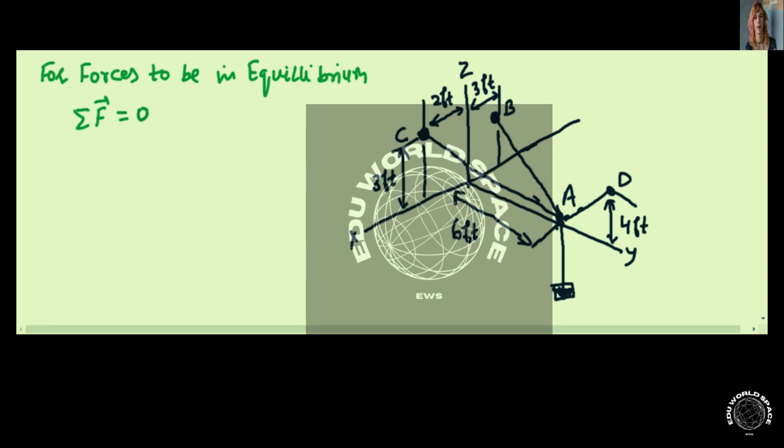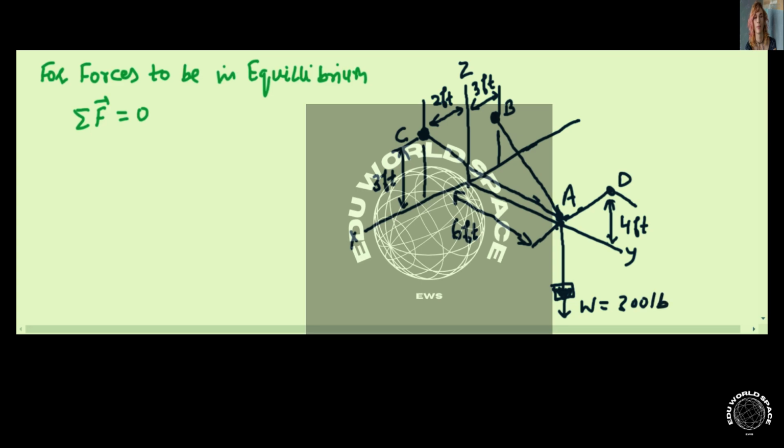Now the question is saying that we have to calculate the tension in each cable in equilibrium for weight of the crate to be 300 pound. So here this is given 300 pound.